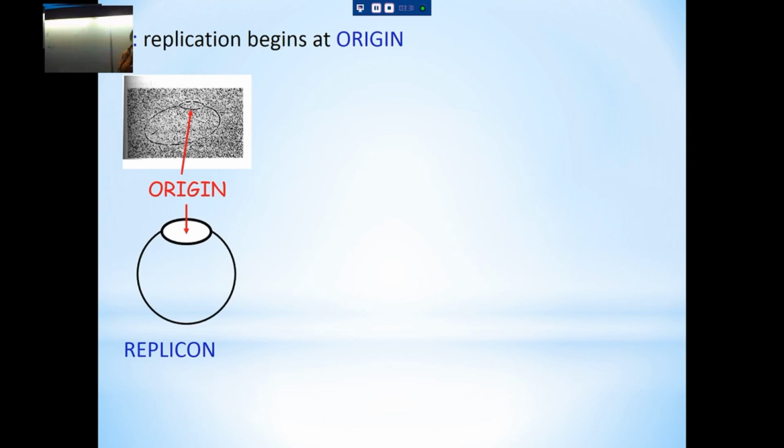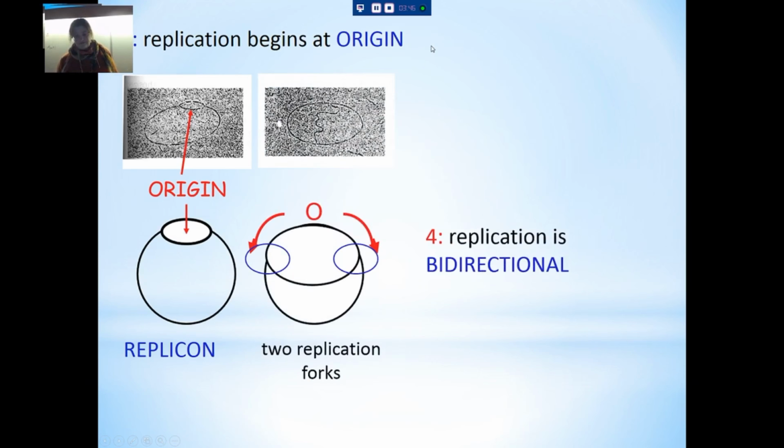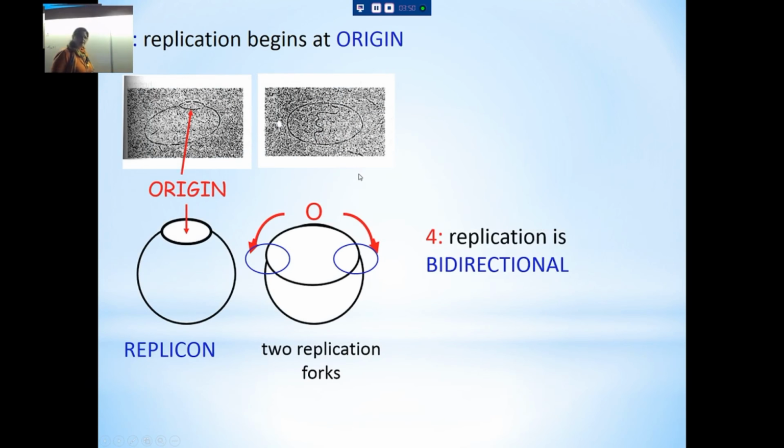So we have worked out information about an origin of replication. Really, this was done, I guess, in the 1970s. So, origin of replication is an area of the chromosome. So we have a large molecule. In E. coli, it's circular.